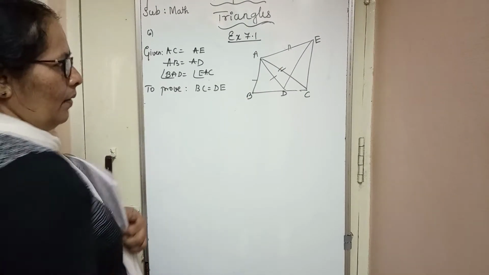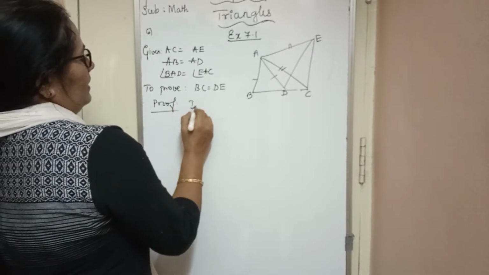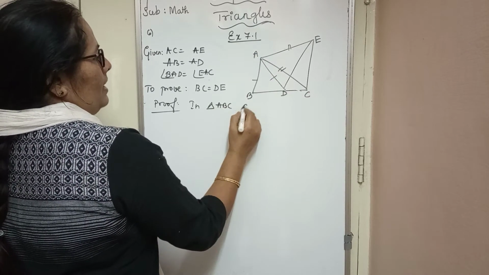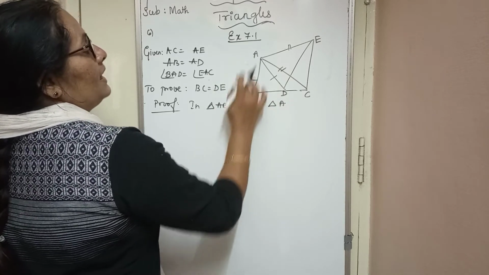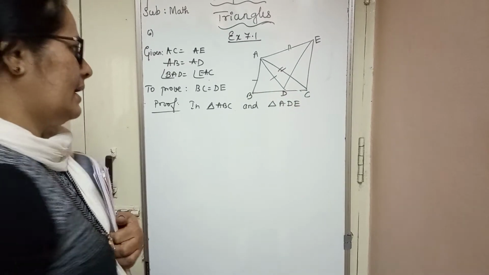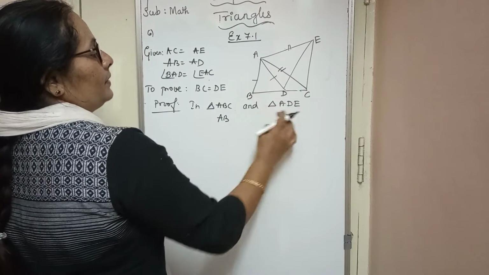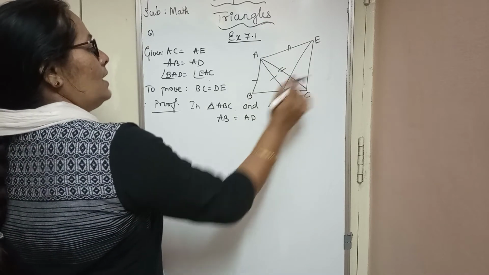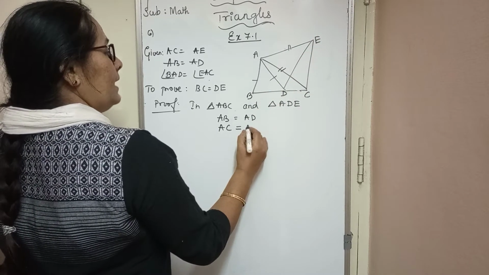Now, in triangles ABC and ADE, in these two triangles, AB is equal to AD of this triangle. Then AC of this triangle is equal to AE of the triangle.